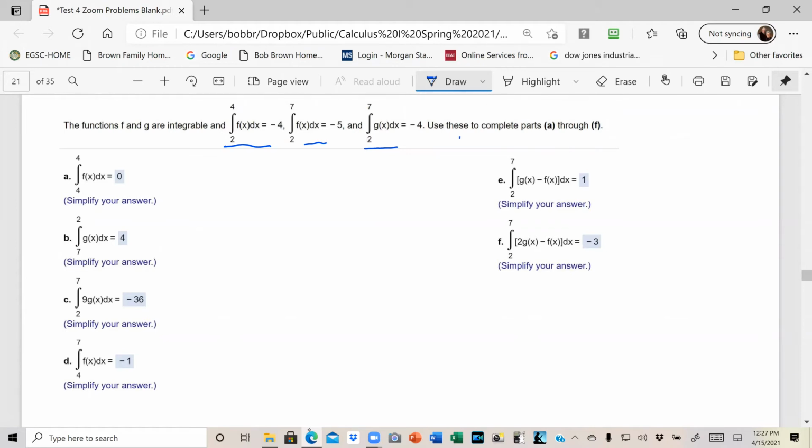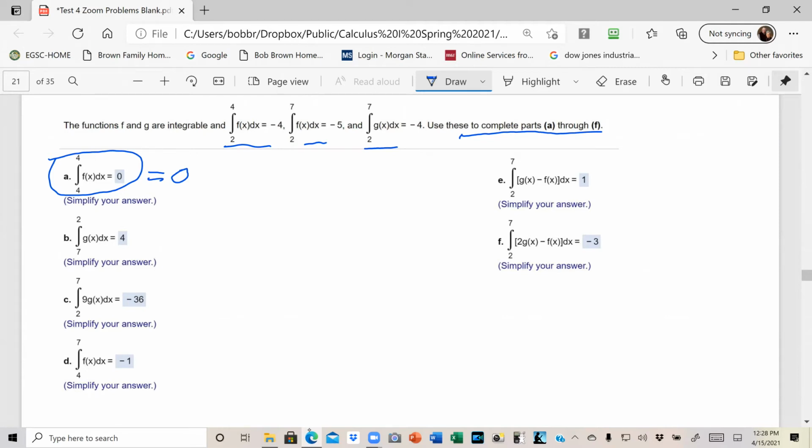And it says use this information to complete parts A through F. Now the first was very simple. It's just an integral from 4 to 4, and that's an interval of 0 width, and so that is going to be 0.